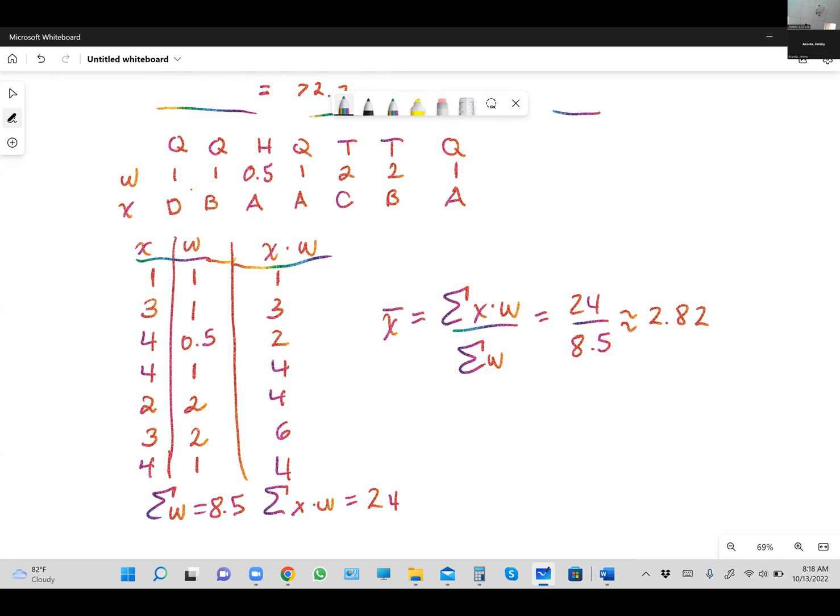And you've just performed weighted mean. It's X times the weight, and then you divide by the sum of the weights. Weight, not width. I know what you meant though.